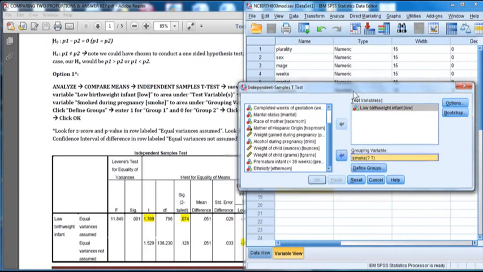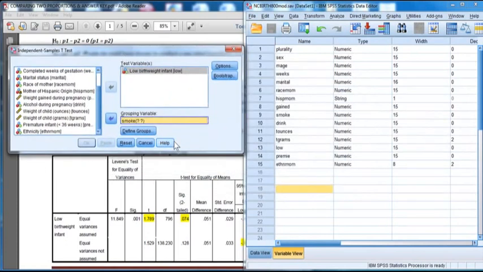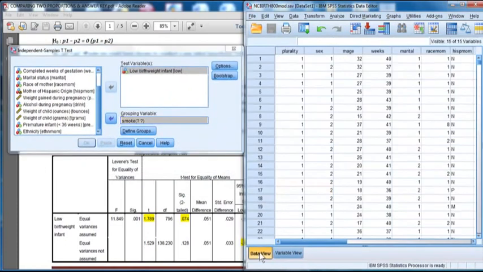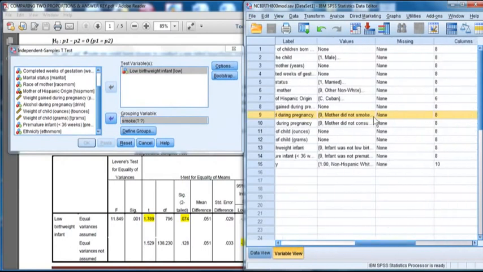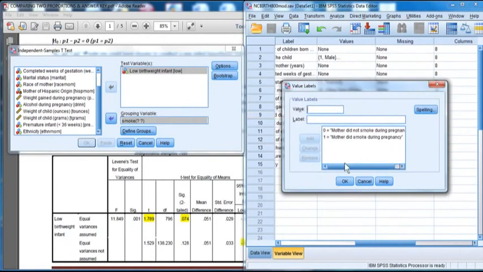Now we need to tell SPSS the values for our categories. So in variable view, if you go to smoke, we can see that for this variable, 0 indicates a mother did not smoke, a 1 indicates a mother did smoke.